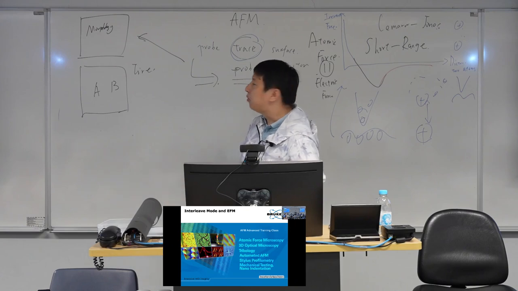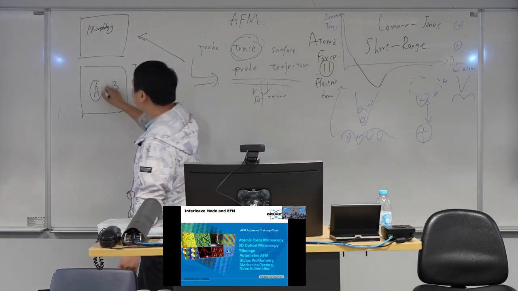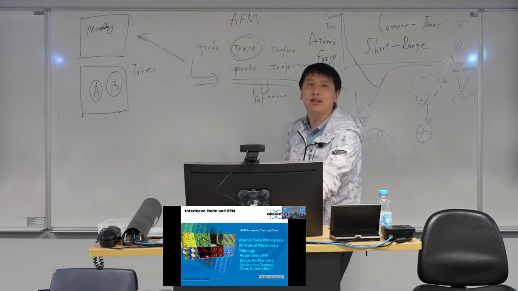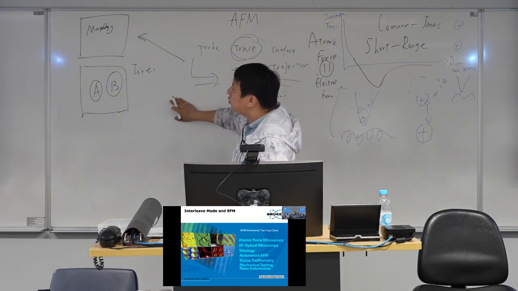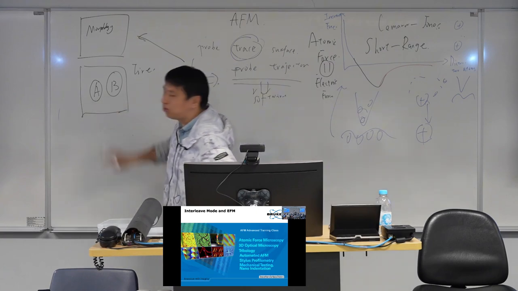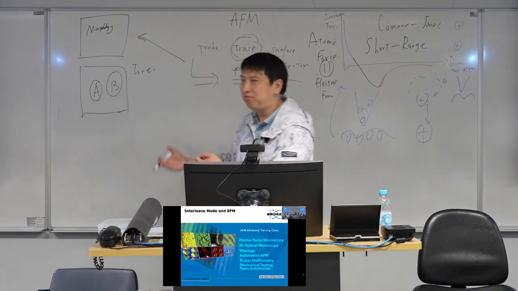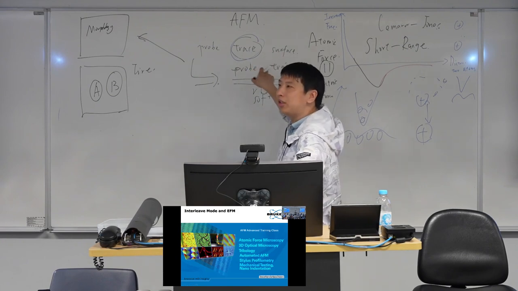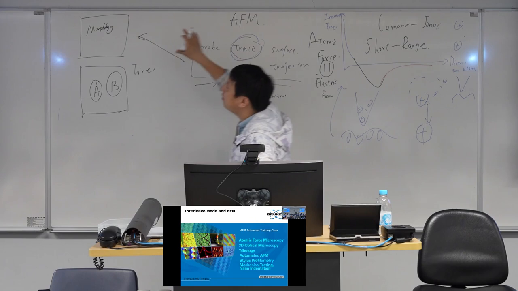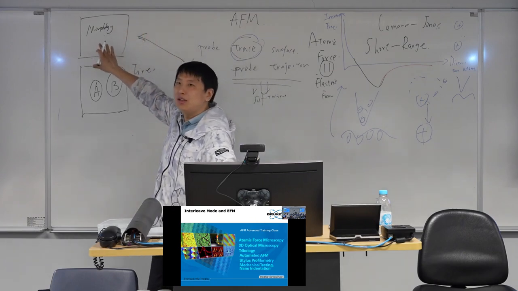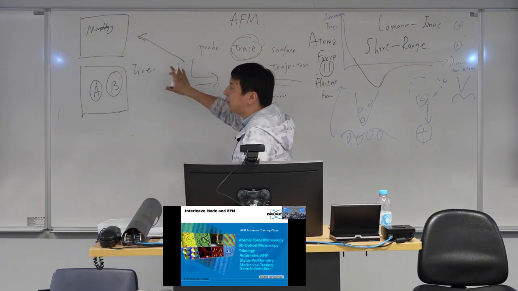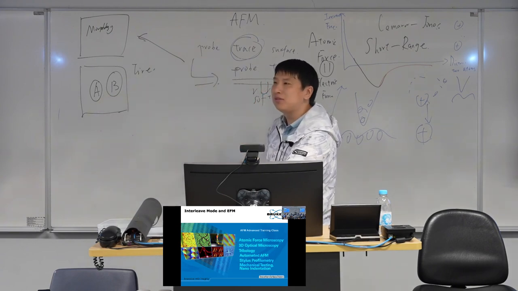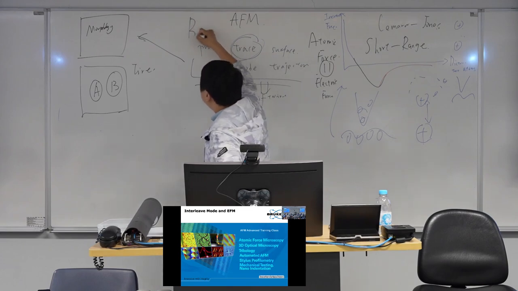So, for example, we want to know how these two materials bind with each other, and we need to know the distributions of these two materials. But as we talked, from this theory and this setup, we only know the morphology, and we cannot tell which one is which. We don't know the materials. Briefly, the AFM is blind.